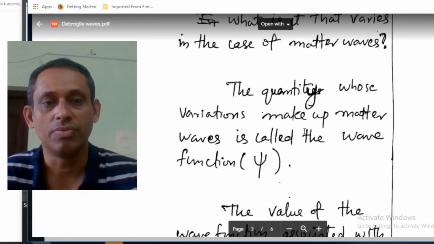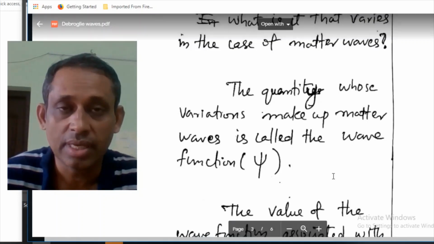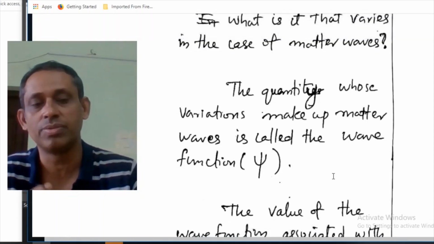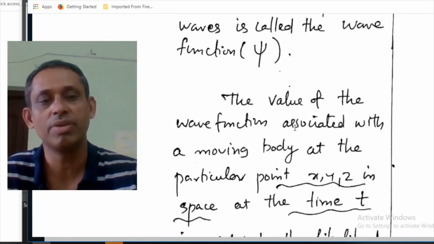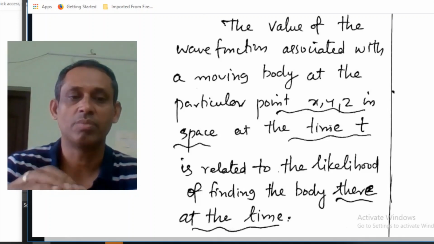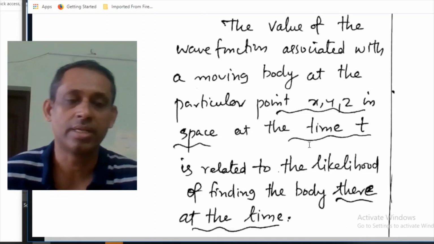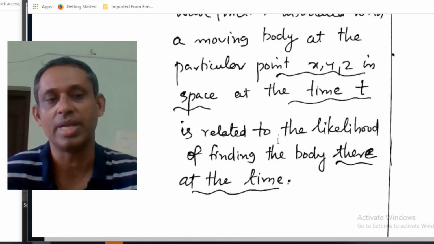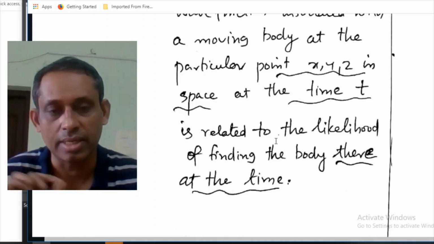So the wave function is the quantity whose variations make up matter waves.